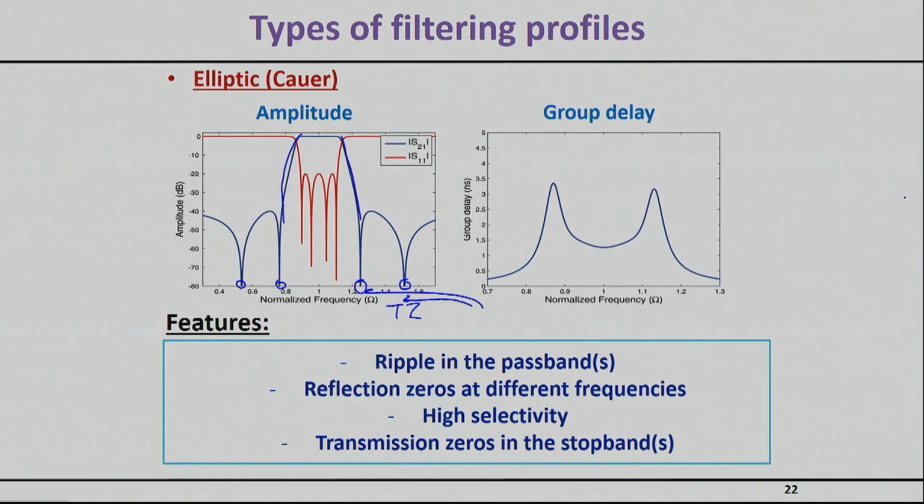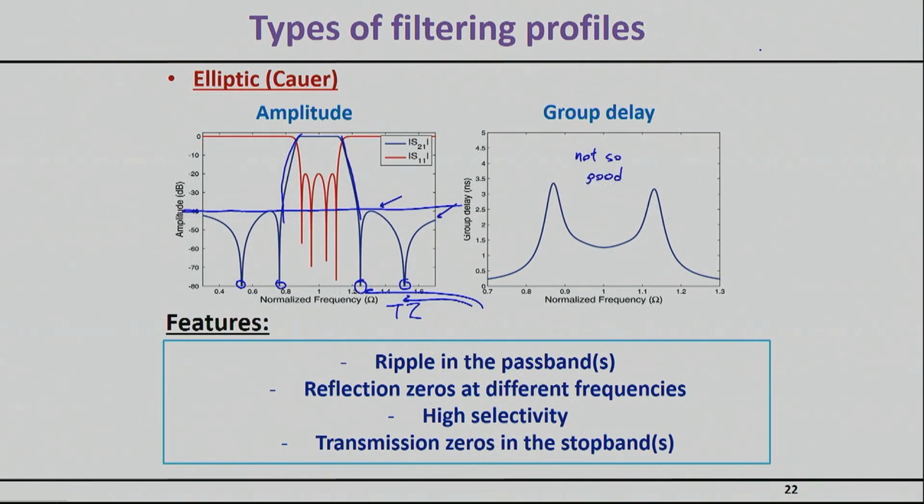On the other hand, the penalty for doing that is that you do have a ripple in the stopband. So in these cases, what we normally do is specify a minimum level of attenuation we can tolerate. And the second part is that, unfortunately, our group delay, again, is what I like to call not so good.